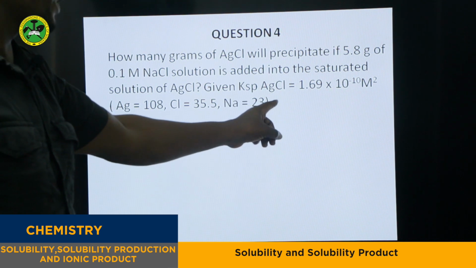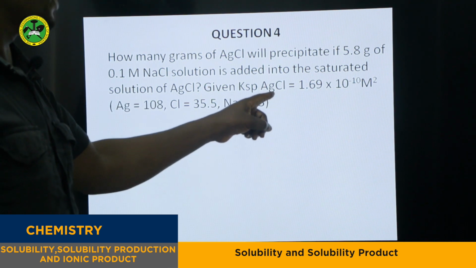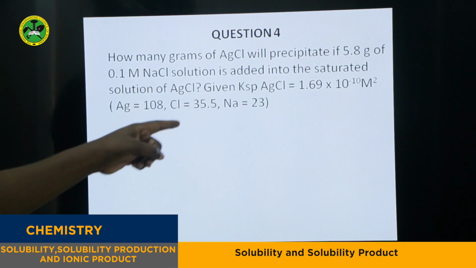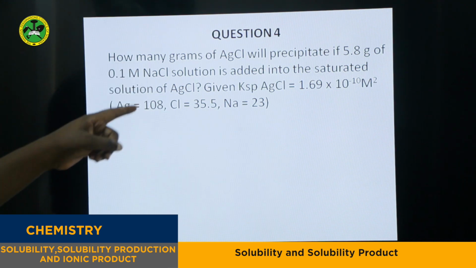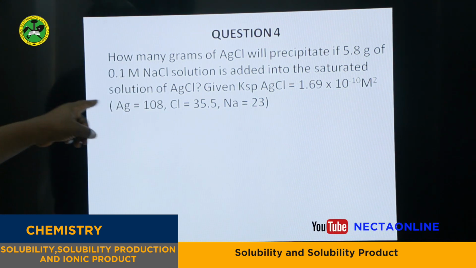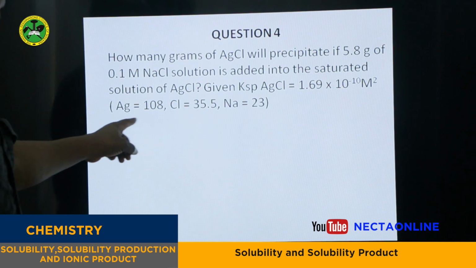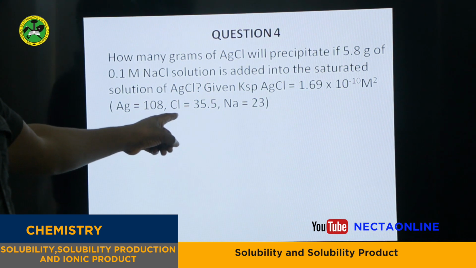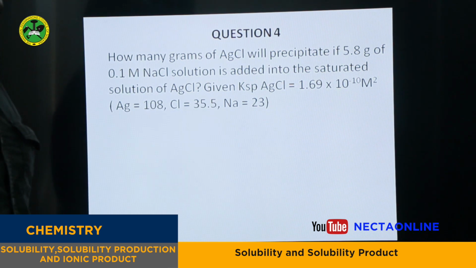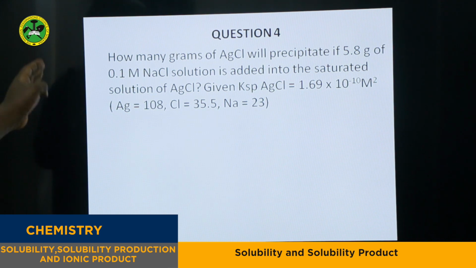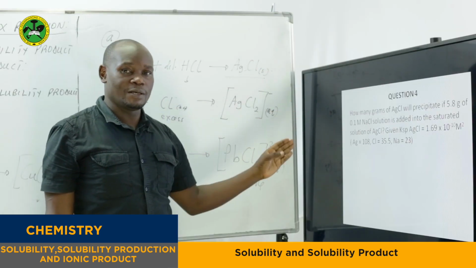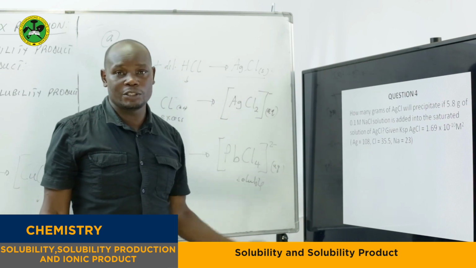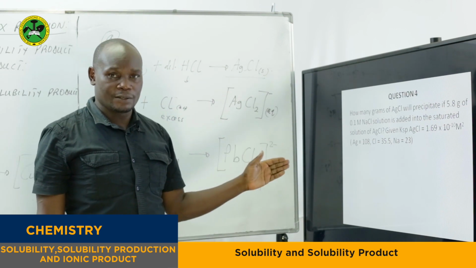Given the Ksp of silver chloride is 1.6 times 10 to the power negative 10 mole squared per litre squared. Given also the molar mass of silver, the molar mass of chlorine, as well as the molar mass of sodium. So this is your assignment. You can now try. It is about the common ion effect.